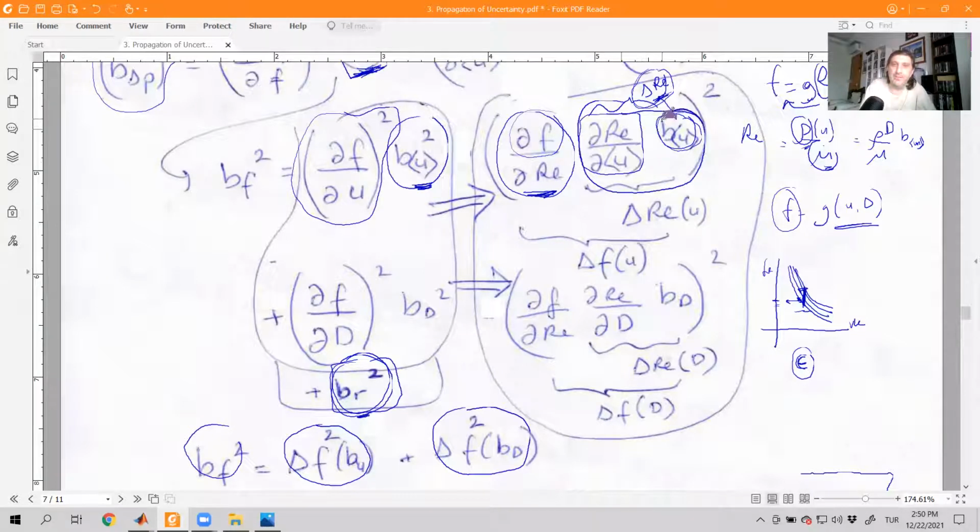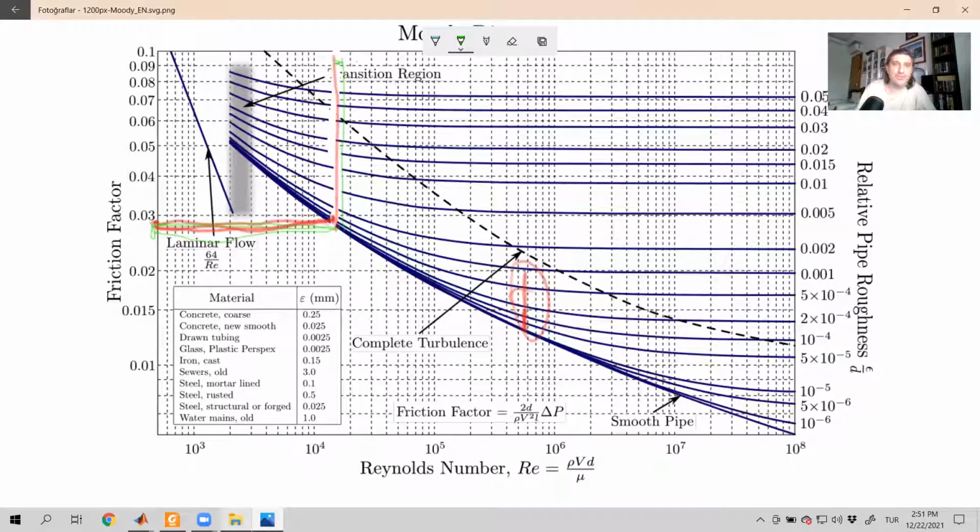The uncertainty in U will result in about a 1000 change in Reynolds number. Now the question is, if we go back to the graph and move around the point that you measure 1000 units either to the left or to the right, actually we assume it's going to be symmetric because we are in a linear regime.